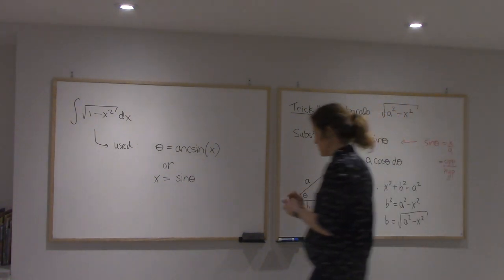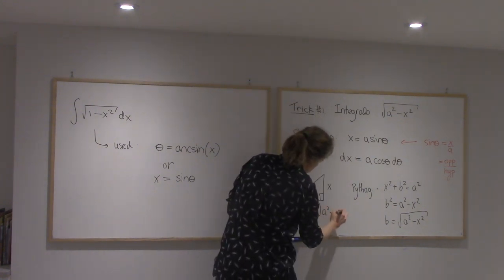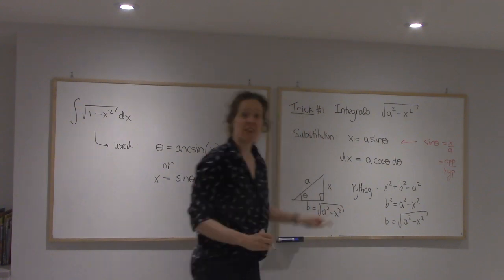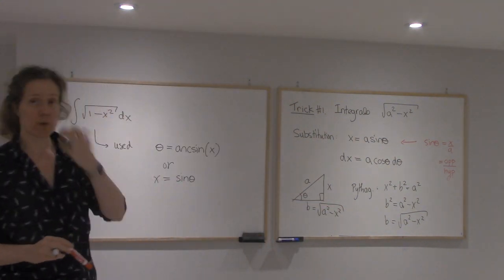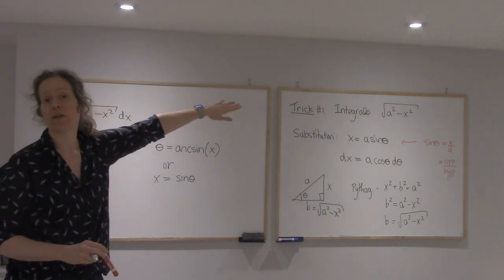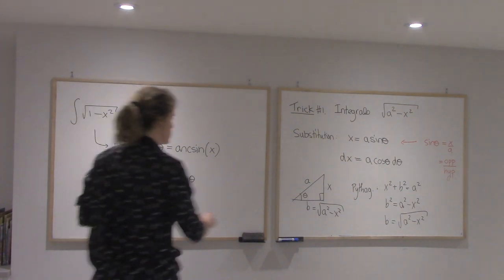So this b is square root of a squared minus x squared. That's what we have in our integral. This is the reason why the square root appears in arc sine. It's also the reason why the square root is going to lead us to this substitution.